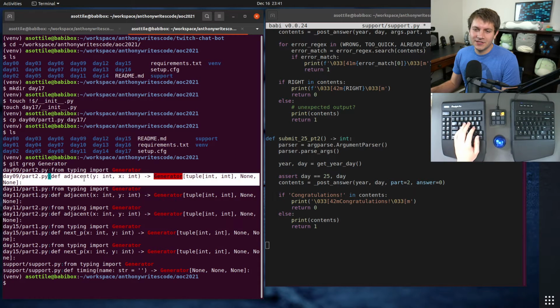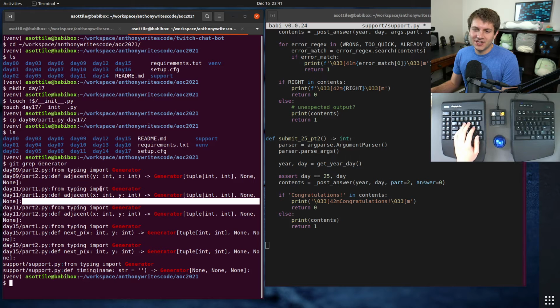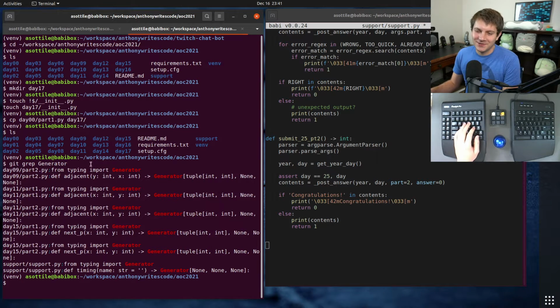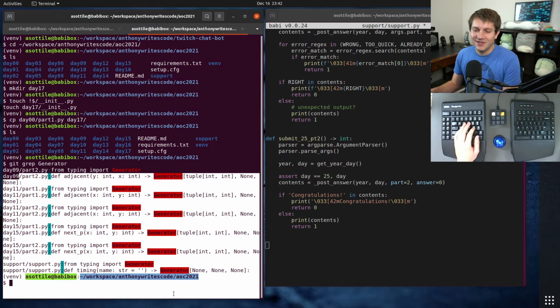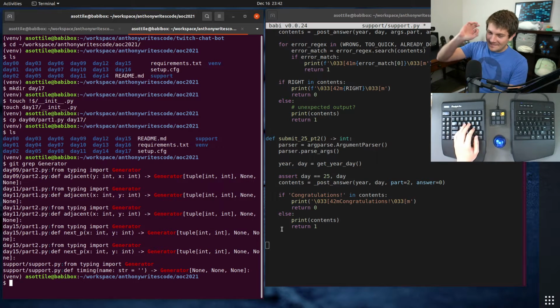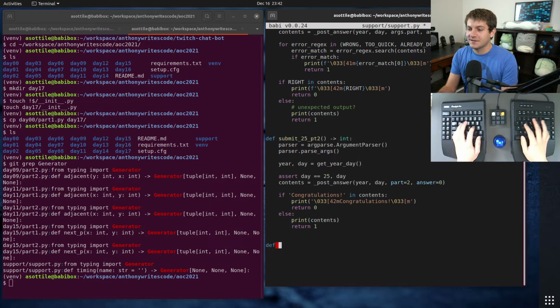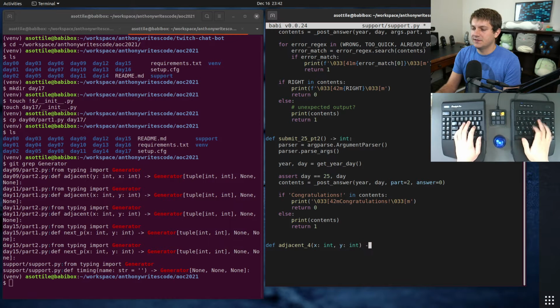Okay, so the first function that I want to make is this adjacent function. And we are going to standardize coordinates on x, y, and not do this inconsistent garbage. But you can see how many days I've needed this. So I feel like it is worth adding. So we're going to have both adjacent for x int, y int to generator of tuple int, int.